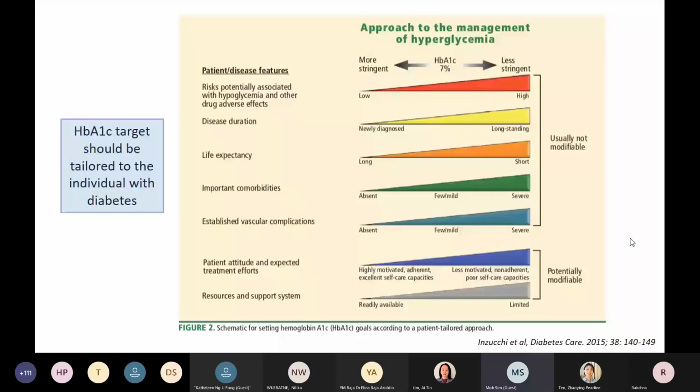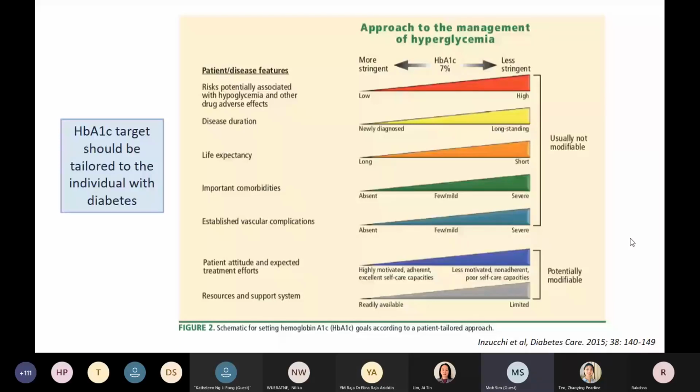Patients who are likely to have very low possibilities of developing adverse effects from intensive therapy should also be considered for more stringent targets. I think fundamentally, it's also important to know the type of patient that you're managing.